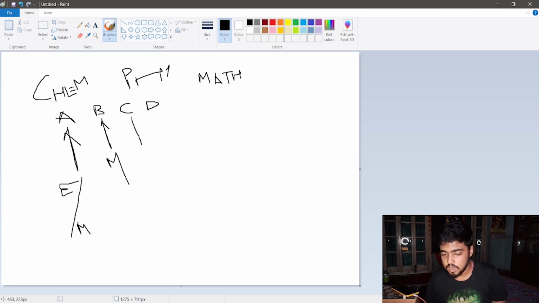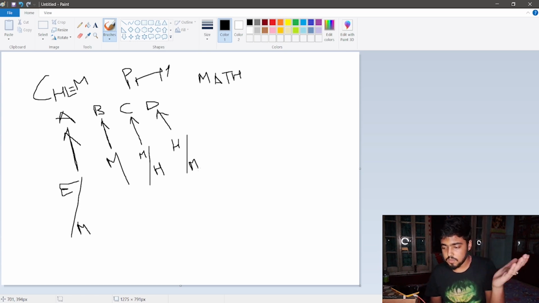C, on the other hand, can be medium or hard. And D is mostly hard and sometimes medium. So this is how you can tell about the pattern of the 4 questions. Now, one by one, I'm going to explain what you need to solve all the 4 problems.